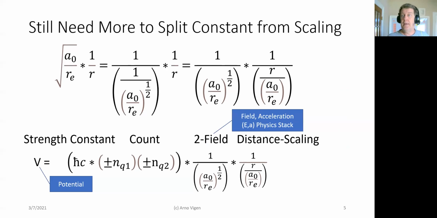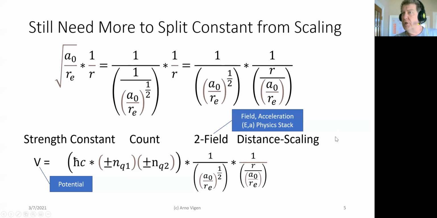Now, when you work with me, we can eliminate mass, just like I just did for charge. What happens with charge is that in part, I want that scaling factor at the potential level to scale directly with this. And that leaves an extra 1 over r_a0 over r_e to the 1/2 power. And this is the scaling factor.